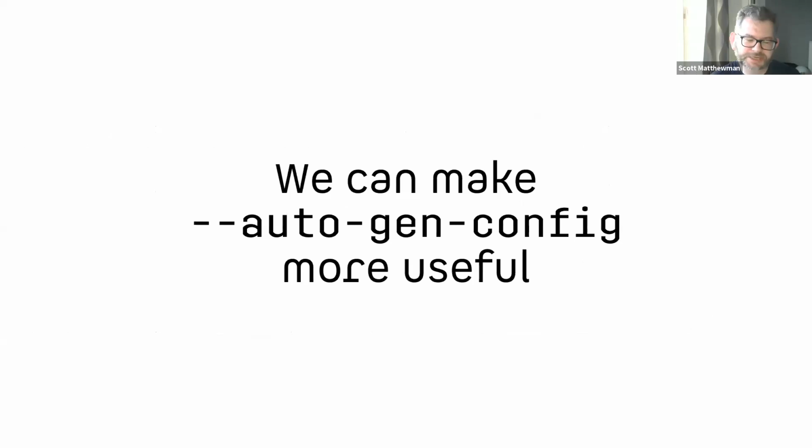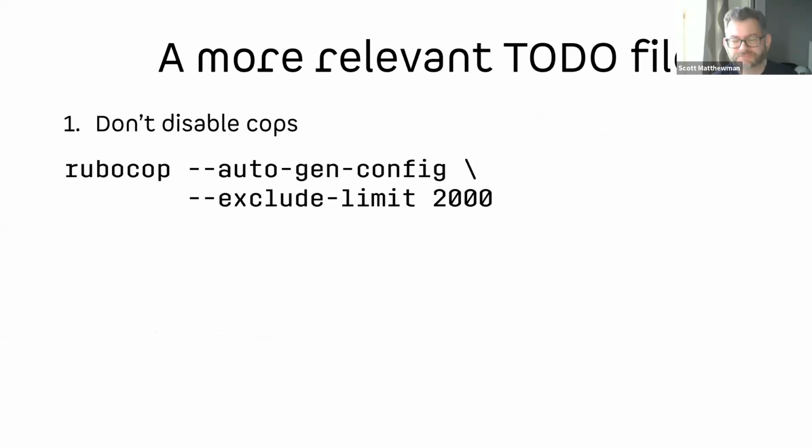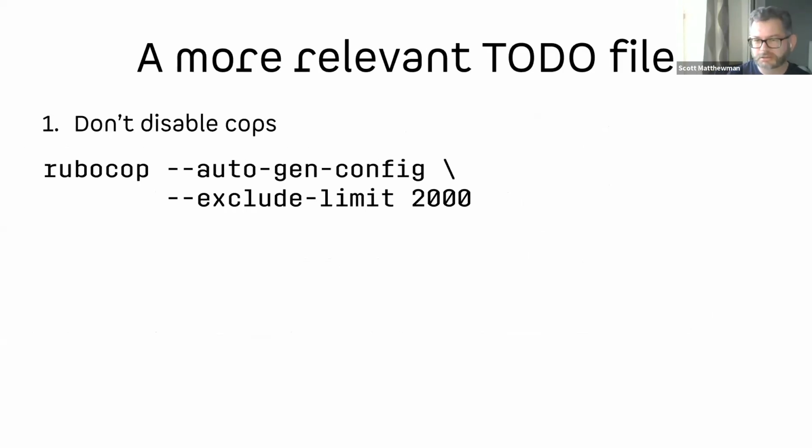But you can actually use that Autogen config file, the to-do file, and make something that's a little bit more useful. The first thing is you can stop it from turning off all those cops and disabling them by giving it an exclude limit to say, only turn them off if you hit 2,000 files that violate it.